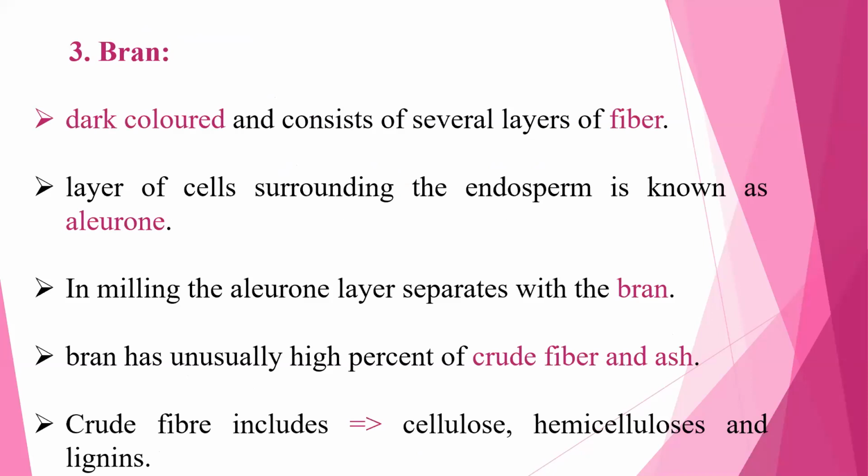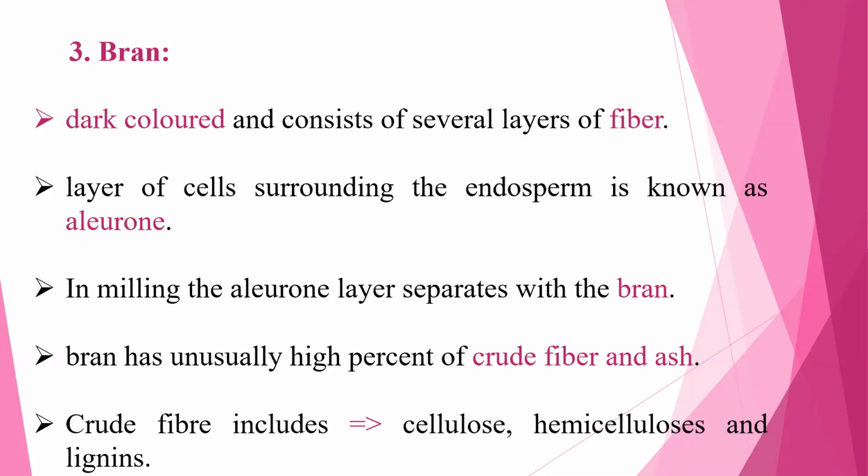The next part is bran, which is covering the whole wheat grain. This is dark colored and consists of several layers, that is 7 layers, as you have already seen, and it consists mainly of dietary fiber. The layer of cells surrounding the endosperm is known as the aleurone layer.